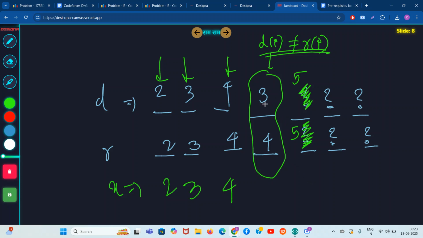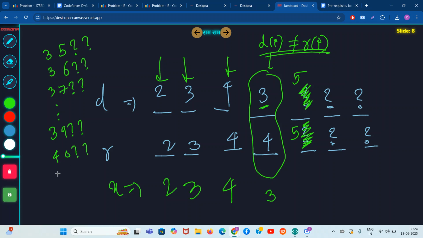Well, if I take a 3 here and I put a 3 here, so what are the possibilities I have? See, I have the possibilities of numbers 3, 5, question mark, then 3, 6, question mark, 3, 7, question mark, till 3, 9, question mark, then 4, 0, question mark, till 4, 5, question mark.